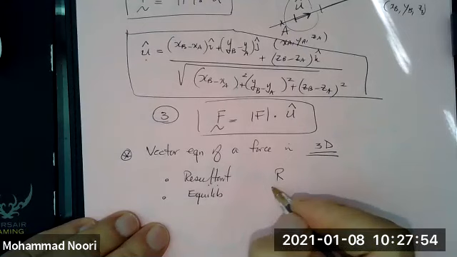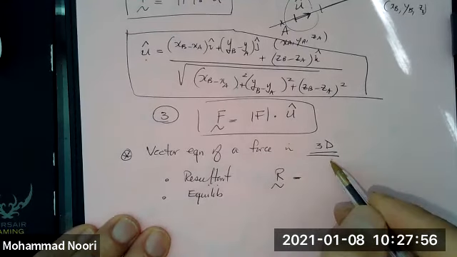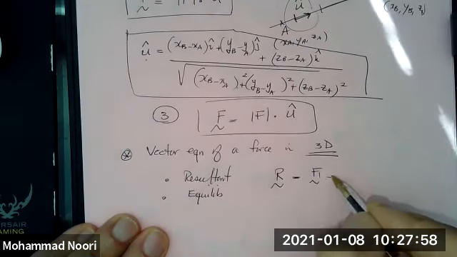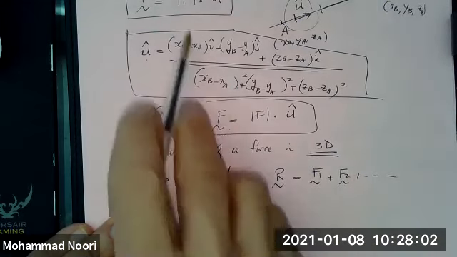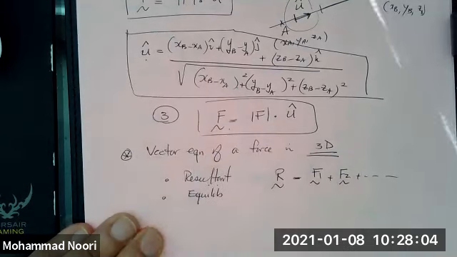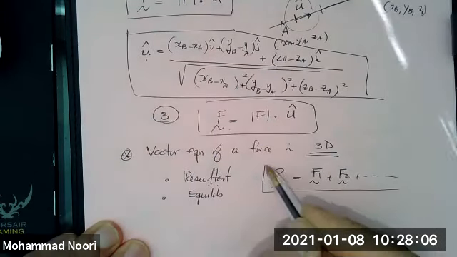The resultant of several forces in space, where the vector equation for all those forces can be found using one of these three approaches, is simply this.